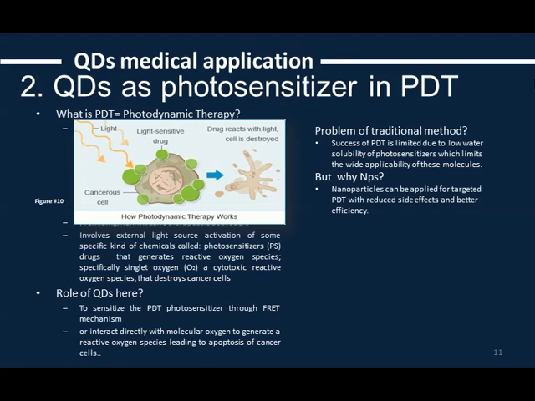So the idea with quantum dots is that, as I said, they have a lot of good properties, and they could reduce those side effects and improve efficiency. This is in figure 11. You can see some of the steps of the procedure of PDT, the traditional method of PDT.